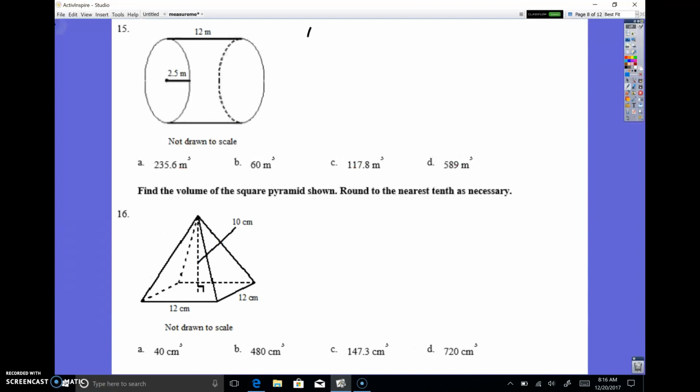Okay, volume, same equation, base times height. This time it's a circle. Pi times the radius, so it's 2.5 squared.